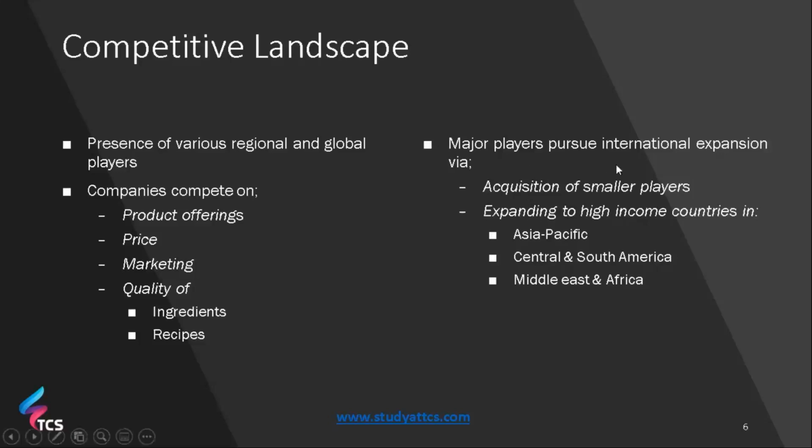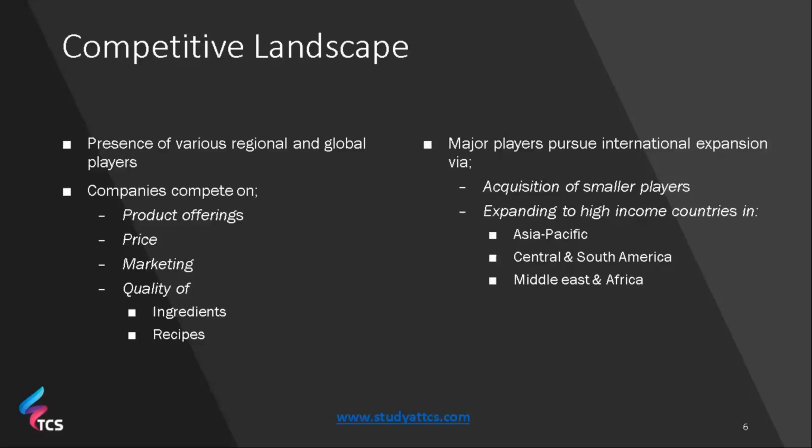And major players pursue international expansion. I said that there are 5 or 6 major players. So these major players, with the aim of increasing their sales, have pursued international expansion. Earlier I said that the meal kit producers which were in North America and Europe are moving into the Asia Pacific.